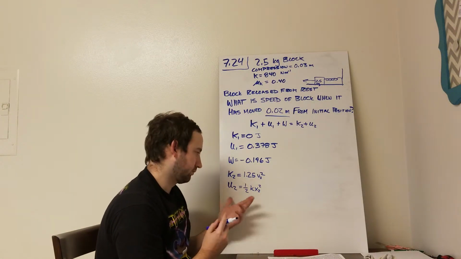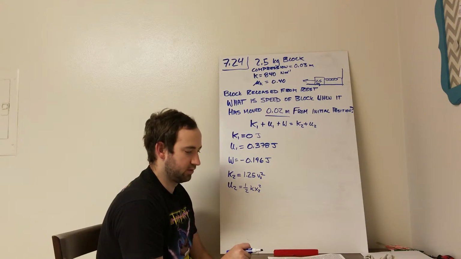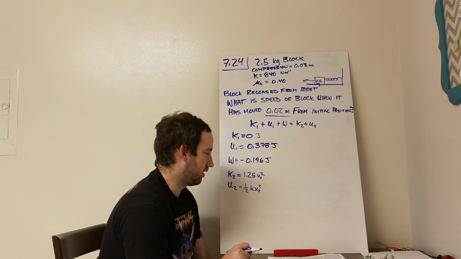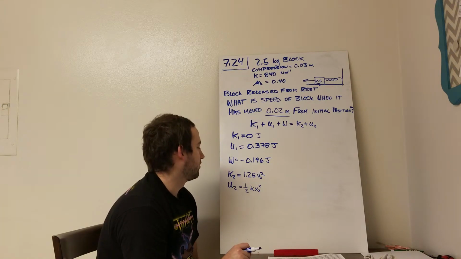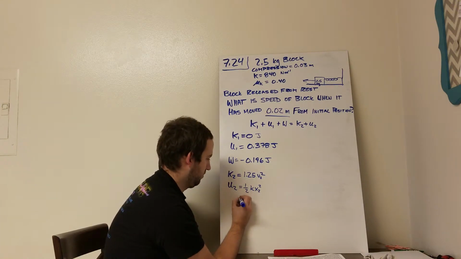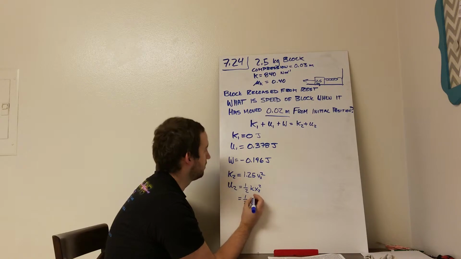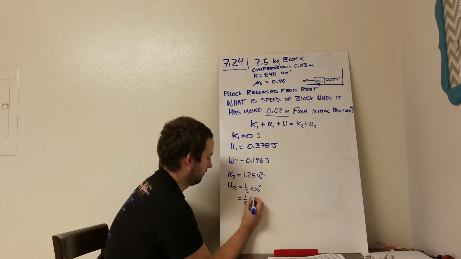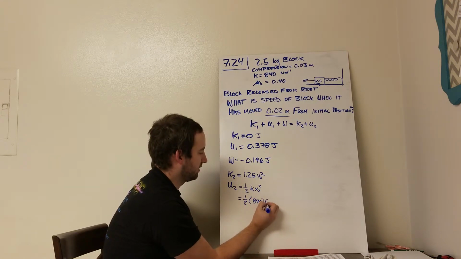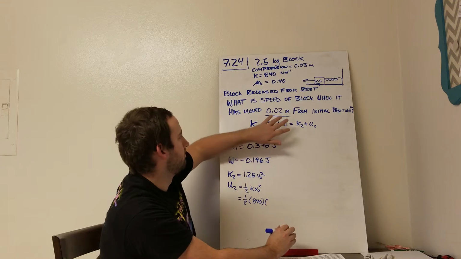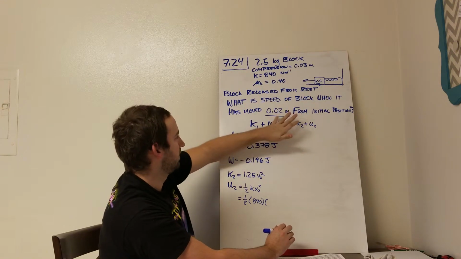And so once again, we just plug all this in. So it's going to be 1/2 times the spring constant, which is 840, times x, which is going to be that compression minus that.